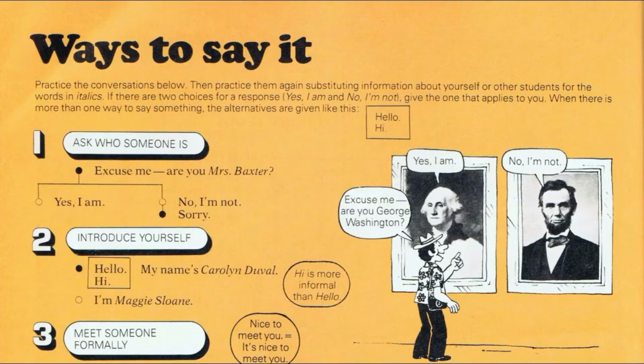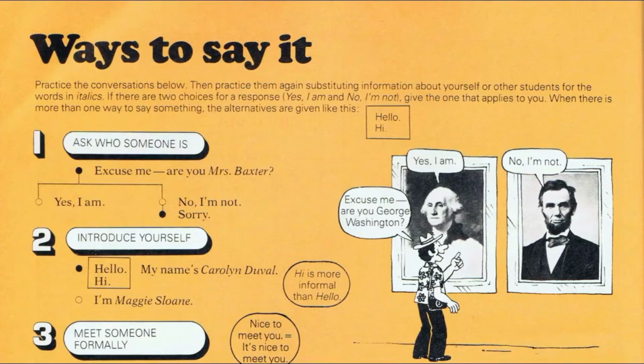Something which is very important is the formation of the words. If you look at the first sentence, excuse me, are you are written in a normal way, but Mrs. Baxter is written in italics, is not written in a normal way. What does this mean? It means we change them.